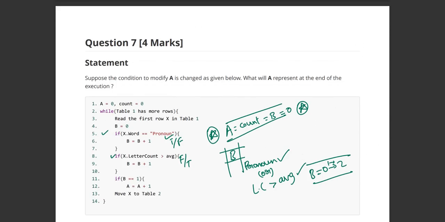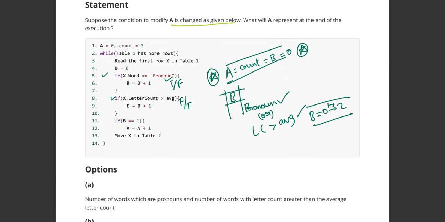Suppose the condition to modify A is changed below. What will A represent at the end of execution? A has been set to 0, count has been set to 0, and B is also set to 0. So I have written that with star marks as it is important information.